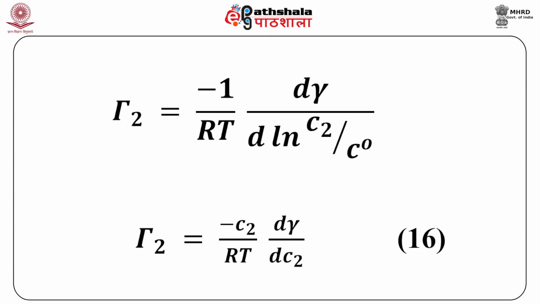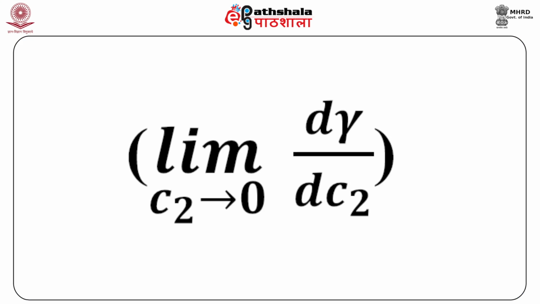Using the Gibbs adsorption equation, d gamma by dC2 is negative, which makes gamma 2 positive. This implies that the substance has a relatively higher concentration at the surface of the solvent compared to the bulk of the solution. Examples of surface active materials include soaps, detergents, dyes, most organic compounds like fatty acids, alcohols, etc.